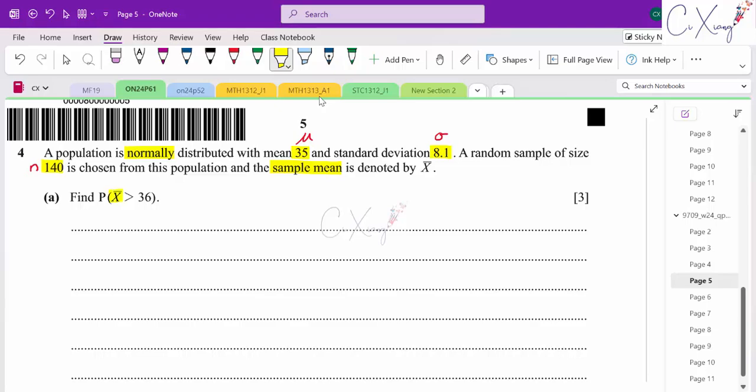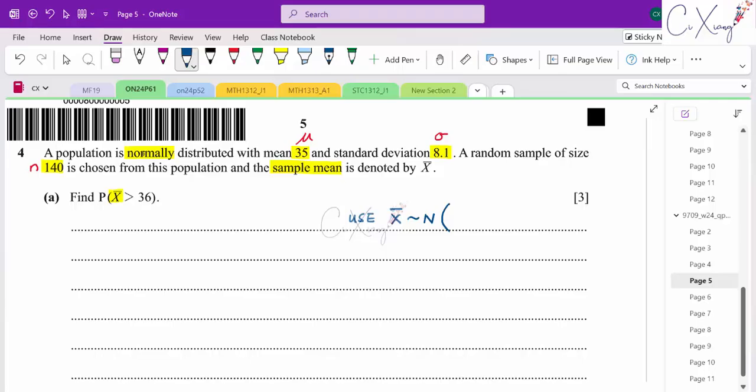Find the probability of the sample mean greater than 36. For this question, the main keyword is sample mean or x bar. So they're talking about the sampling distribution. For the sampling distribution, you need to know that in our syllabus, our sampling distribution is always normally distributed. Usually the question will make sure that the population is normally distributed.